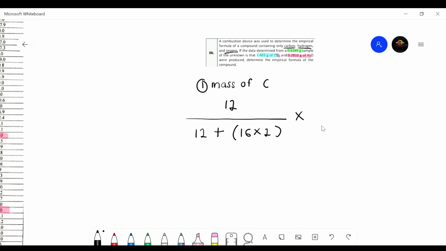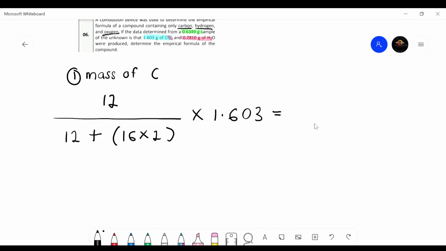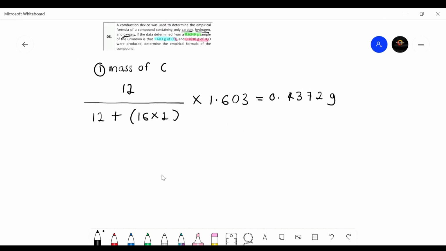Now we need to multiply it with the mass of the carbon dioxide given, which is 1.603, and we will get the answer 0.4372 gram. That is our mass of carbon.